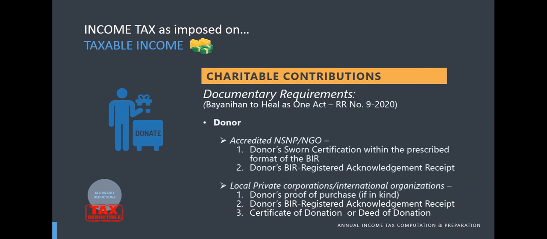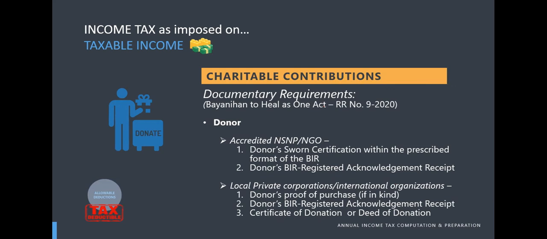For the donor, if the donee or the recipient is an NGO, the donor must secure a donor's sworn certification in the prescribed format of the BIR and the BIR-registered acknowledgement receipt.